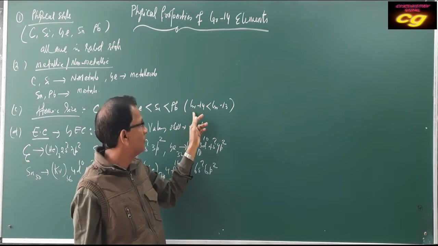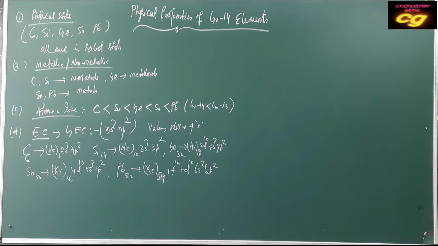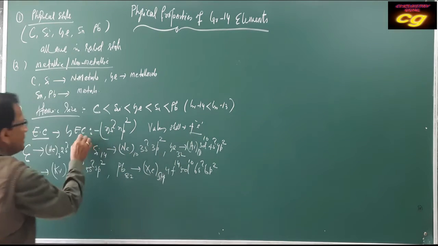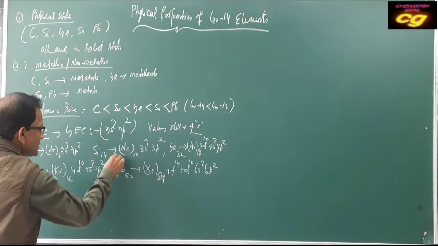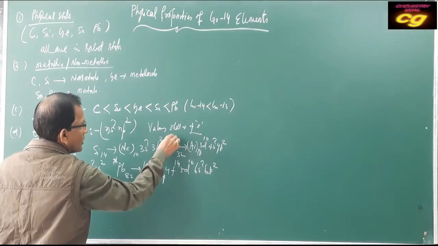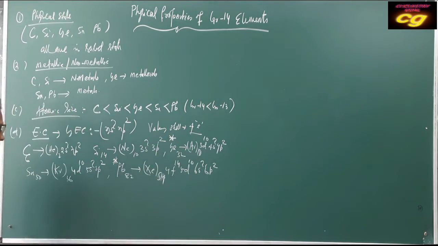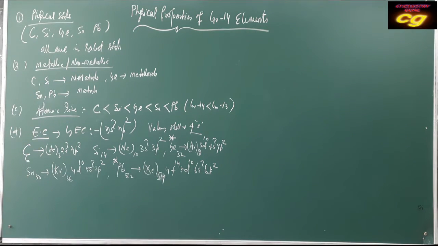That's why the size of group 14 is less than group 13. So this is the electronic configuration, valence shell electrons and general electronic configuration. You see the deviation in the case of lead and also germanium. In germanium, the d subshell starts. In lead, the f subshell starts. This is electronic configuration and atomic size.